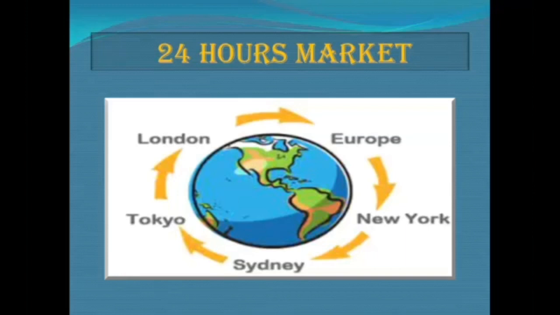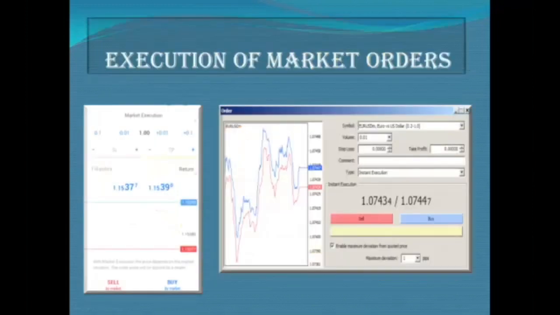You can customize your own trading as well. Looking here, you see London, Tokyo, Sydney, New York, and Europe. These are actually plugged into the forex market sessions, and these times are also plugged into the same trading system.